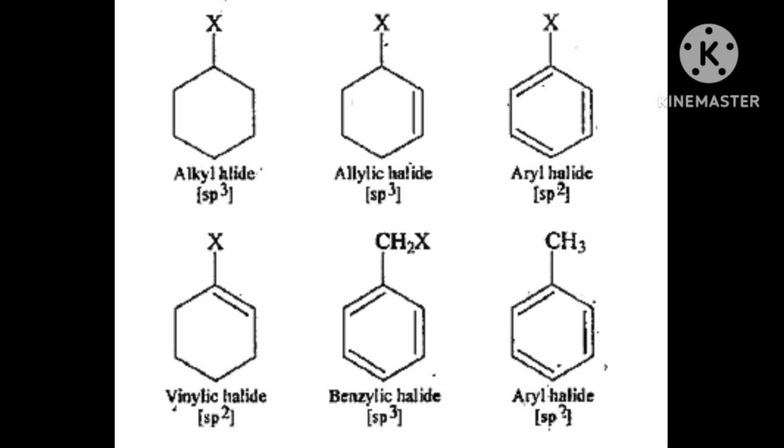With methane, two hydrogens gone and 2 Cl came, that's why it is called dichloromethane or methylene chloride. Now 3 hydrogens gone, 3 Cl came in methane, then it is called chloroform, and because 3 Cl is there, trichloromethane.